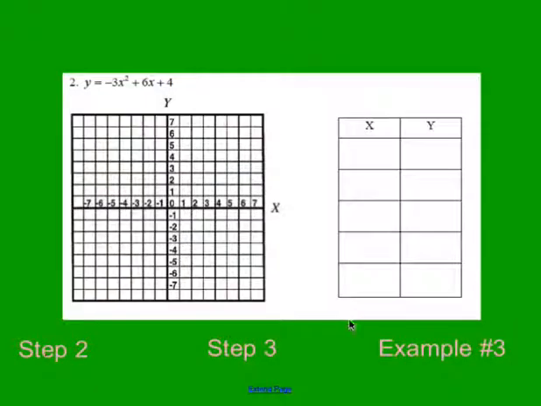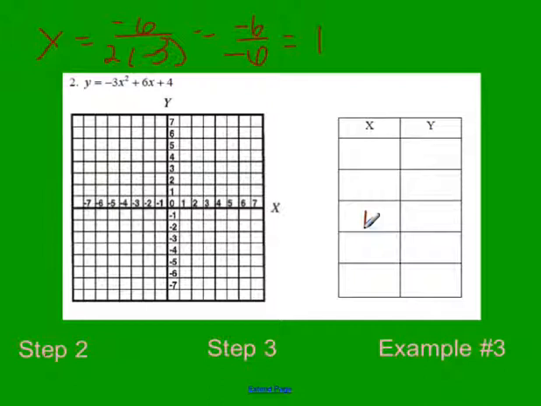So for problem number 2, let's create our table. We need to first calculate our vertex. x is equal to the opposite of b over 2a. So I get negative 6 divided by negative 6, which is 1. My x-coordinate is 1, and I'm going to put that in the middle of my table.